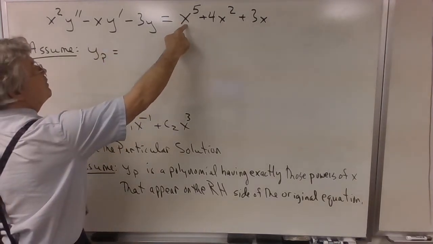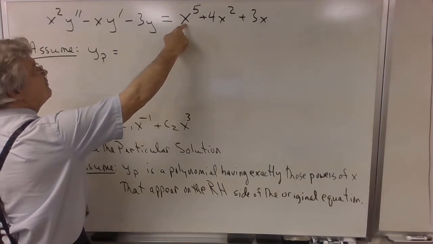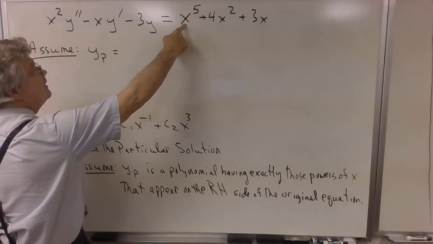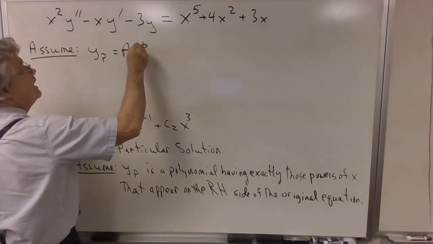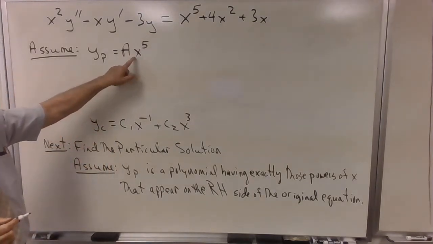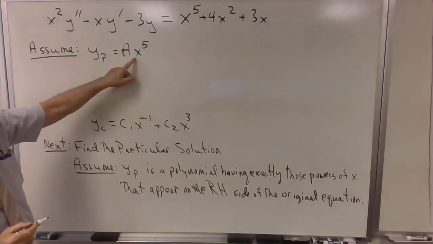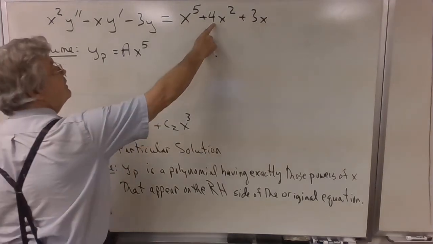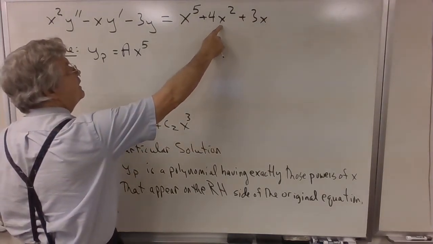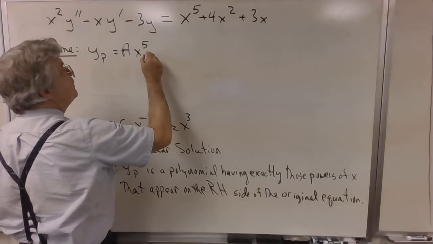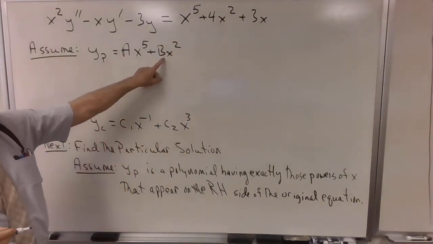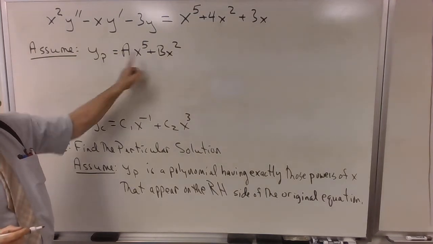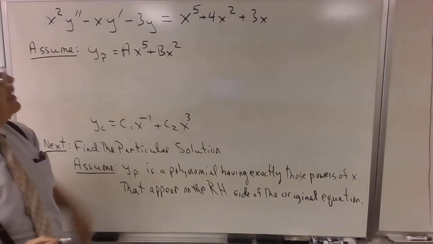We have a power of x raised to the fifth in our original equation, so we'll say Ax to the fifth is part of our particular solution. On the right side of the original equation, we have x raised to the power of 2, so we'll assume we have a power of x to the 2 in our particular solution.